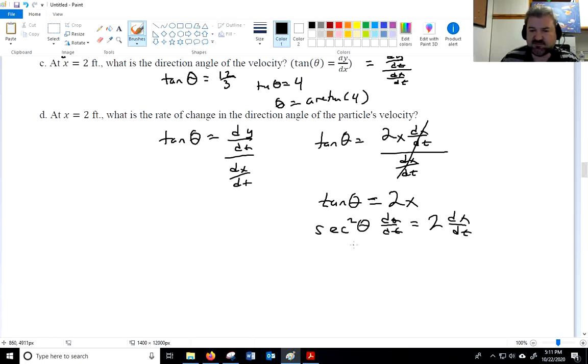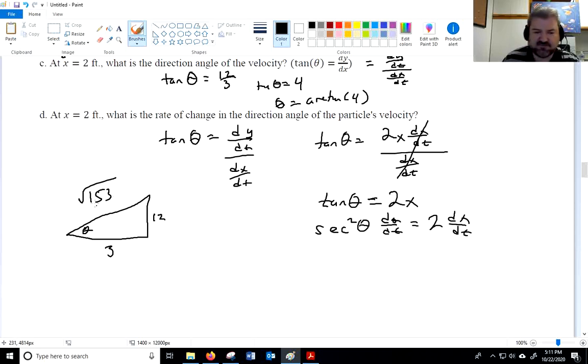So when x is equal to 2, what was the tangent of theta? Was 12 over 3, right? So tangent is opposite over adjacent. So that makes this 9 plus 144. We said that was the square root of 153.